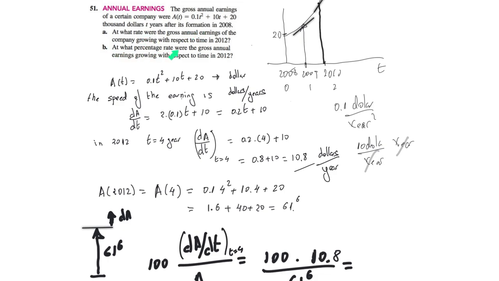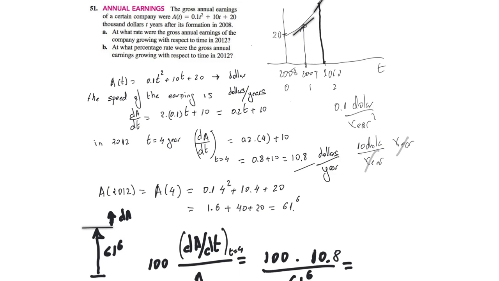At what percentage rate is the annual earning growing with respect to time in 2012? So what is this? You know what the amount of earning in 2012 is: you just plug in t equals 4 in this equation, and you will have 61.6, in thousand dollars probably.